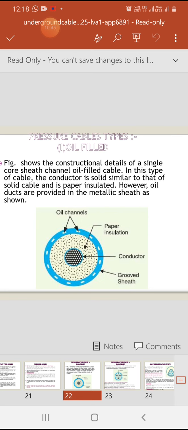See the figure which shows the constructional details of single core sheath channel oil filled cable. In this type of cable, the conductor is solid, similar to that of solid cable, and is paper insulated. However, oil ducts are provided in the metallic sheaths. Now the three core oil filled cables.